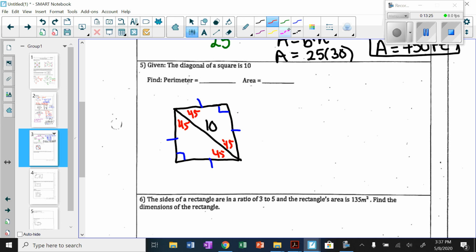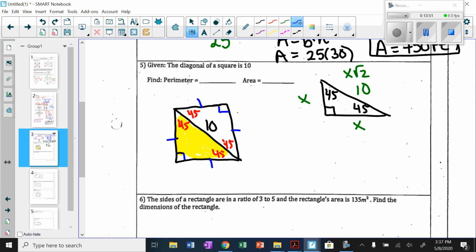Now, I'm going to take one of these 45, 45, 90 triangles right here. I'm going to redraw it. We know the hypotenuse is 10. We know opposite the 45s are x and x, and opposite the 90 is x root 2.